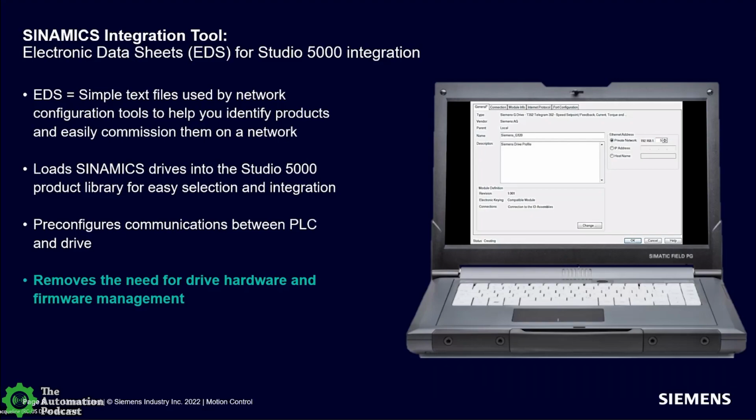I don't know if some of our listeners appreciate that nuance, but if you have experience, you can understand what a headache it might be to have to flash firmware when you have to replace a drive. So that's the electronic data sheet, the EDS file. Again, you can select a new Synamics drive in the project very easily.